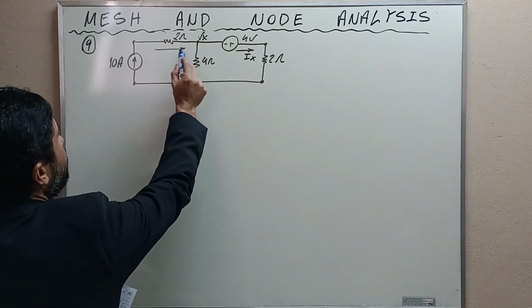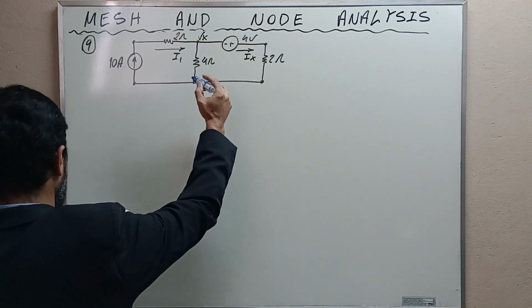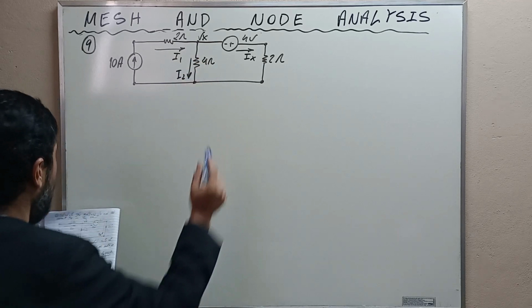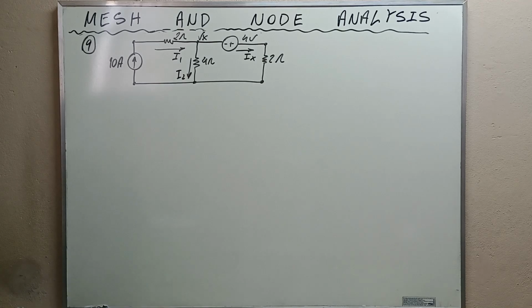I'm gonna call this current I1. This current here I'm gonna call I2. And the other current is Ix, my friends. And applying the nodal rule at the Vx, we can find the value of the voltage at the node. Observe that the sum of the currents that enter the node has to be equal to the sum of the currents that leave the node.